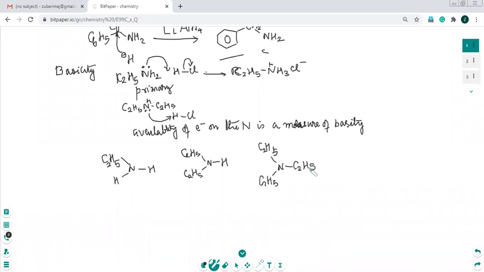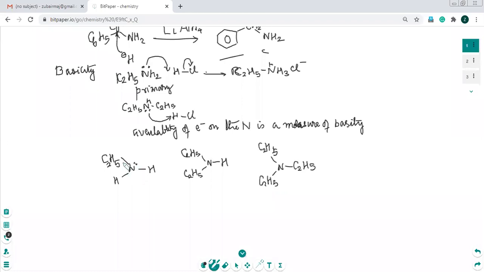Tell me which one will be more basic? What is the order of basicity? You can decide the order of basicity by the availability of electrons on the nitrogen. The more concentration of electrons, the more basic it will be.